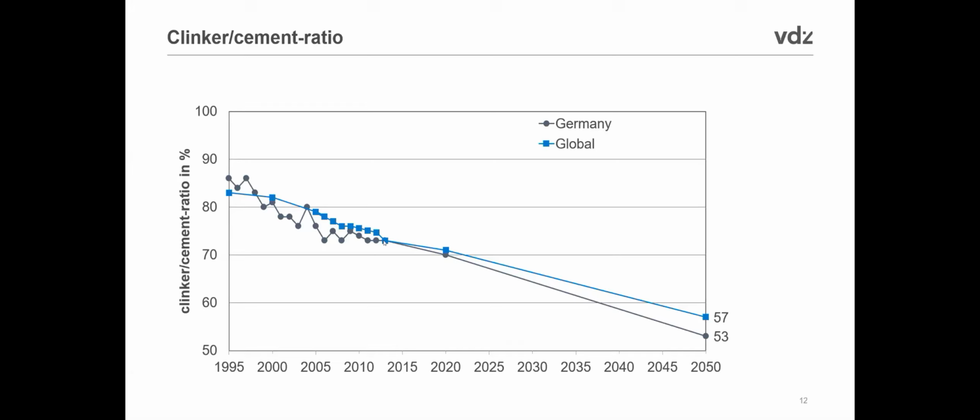And this reduces not only CO2, but also the resources that we use for clinker burning. But then the question is, where are the resources coming from if you replace the clinker by something else? And this is, of course, where we try to make possible use of resources to a bigger extent than we did in the past.